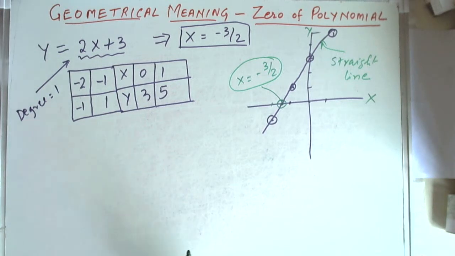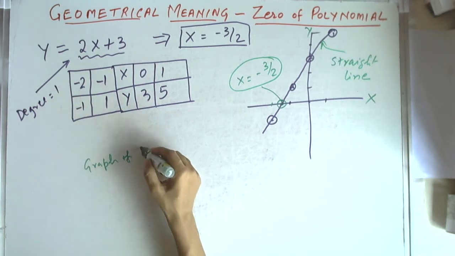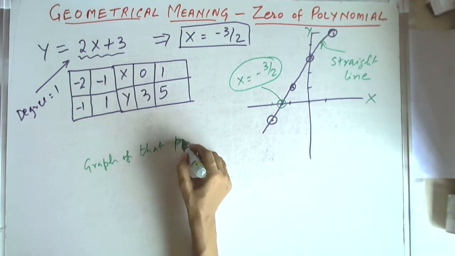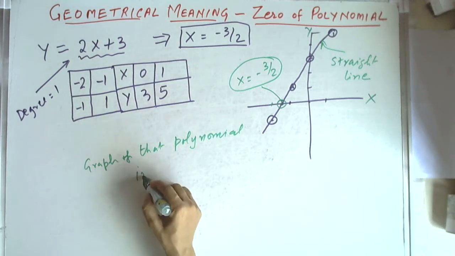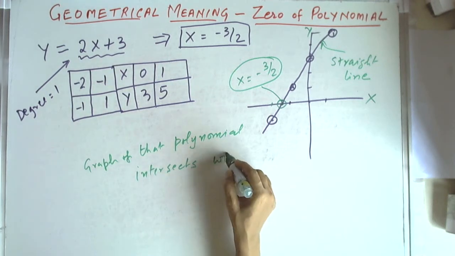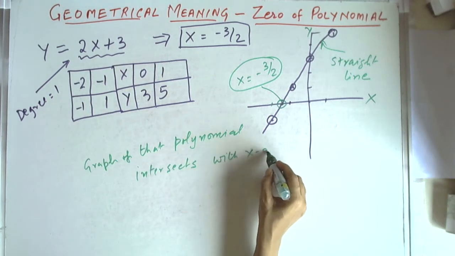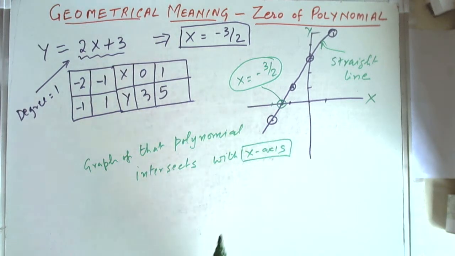So the geometrical meaning of the zero of the polynomial is where the graph of that polynomial intersects with the x-axis, so that is the zero of the polynomial.